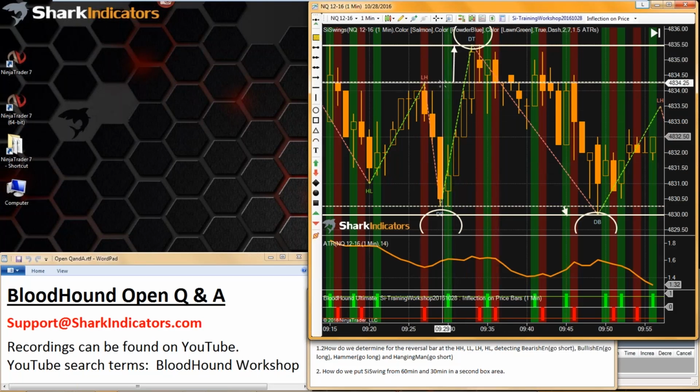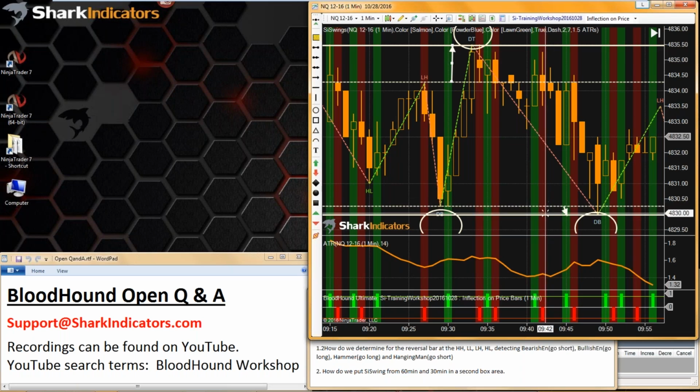The dashed line represents the high or the low of the first swing point, and the solid line is the high or the low of the second swing point. The arrow illustrates the distance in between, and that distance is what determines if it's a double top or double bottom.